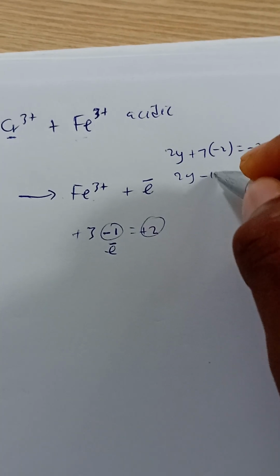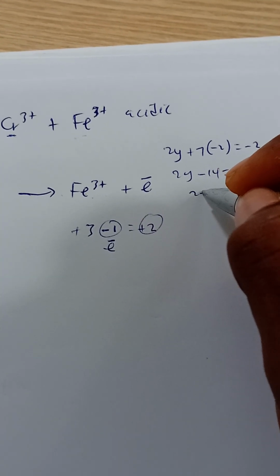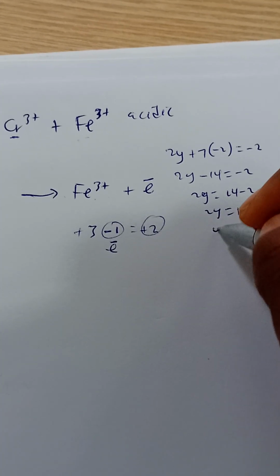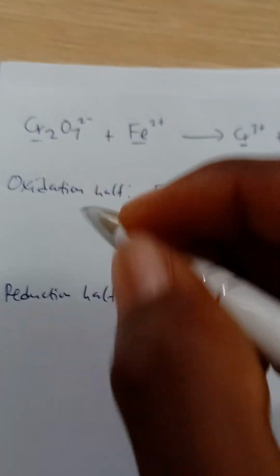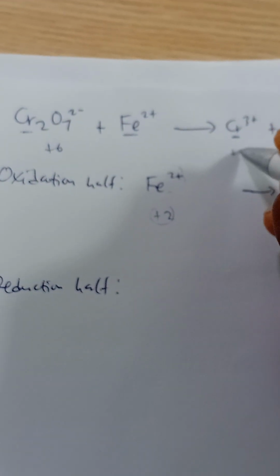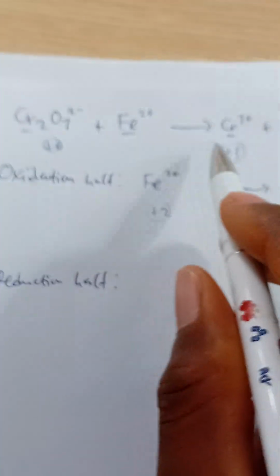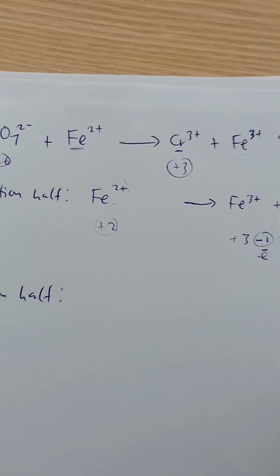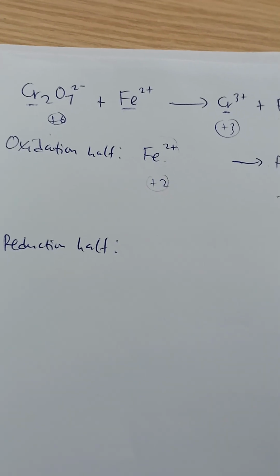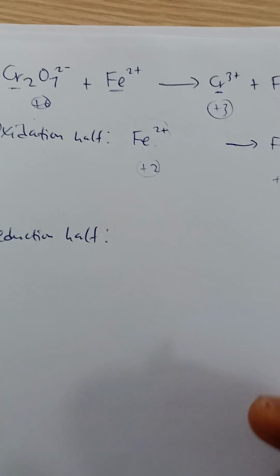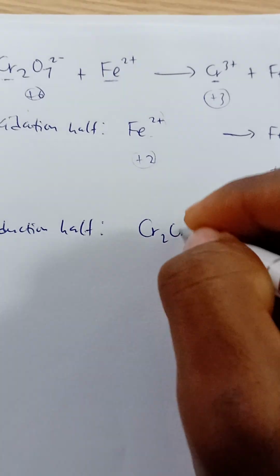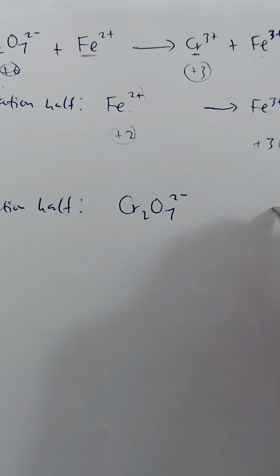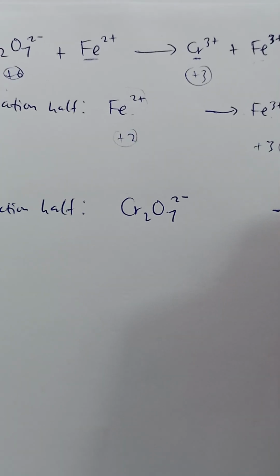So 2y minus 14 equals -2. 2y equals 14 minus 2. 2y equals 12. y equals +6. So from +6 to +3, it has undergone reduction. The species that undergoes reduction is our oxidizing agent. So we have Cr2O7 2-, we leave some space, right? Going to Cr3+.